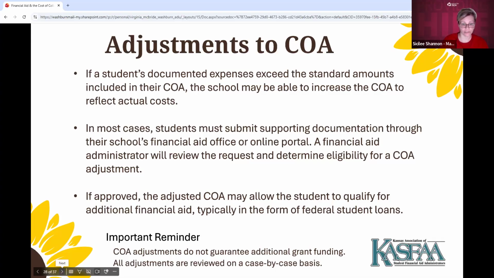If approved, the adjusted COA may allow the student to qualify for additional financial aid. Typically, we see this in the form of federal student loans. An important reminder is that cost of attendance adjustments do not guarantee additional grant funding. All adjustments are reviewed on a case-by-case basis by the aid officer at the school.